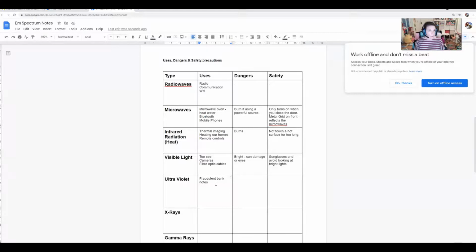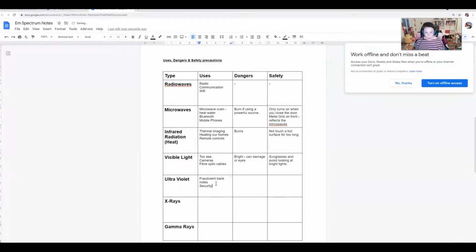So if you put them under a black light, or an ultraviolet light, sorry, you can see lots of different parts of it light up. So it's useful for that. We use it also for those security pens. So you can write your postcode on your piece of equipment at home, like a TV or something, and then if it's recovered after a robbery, the police know the postcode of the person who owns it.